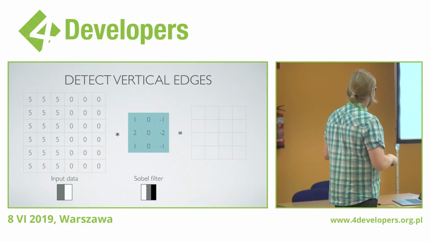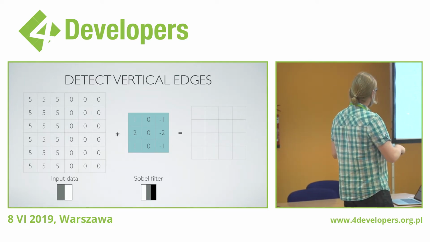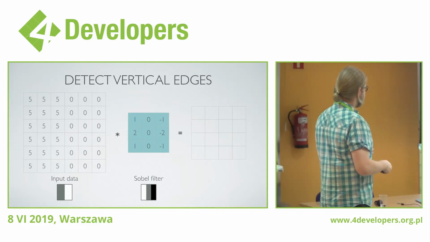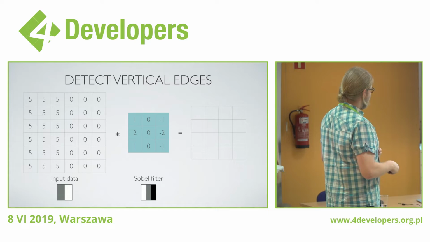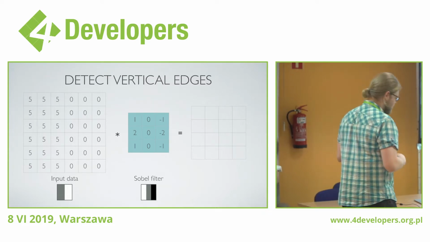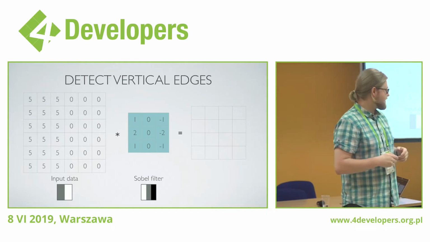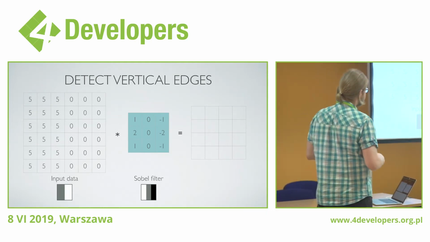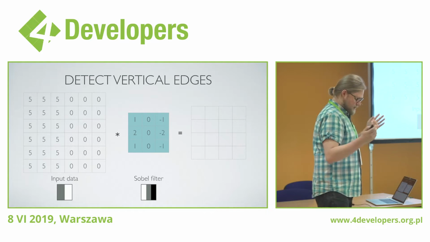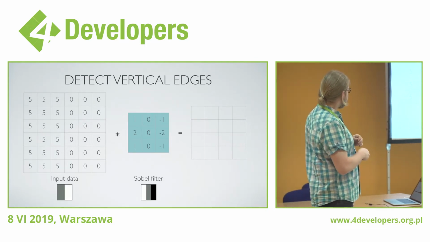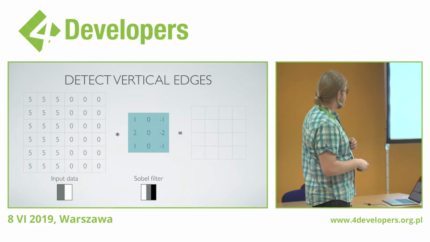So we have some values like 5s here and 0s here, and we can apply convolution to it using a filter. This is a filter that comes from traditional computer vision techniques, something like this can be found in applications like Photoshop. This type of filter is used to detect vertical edges.